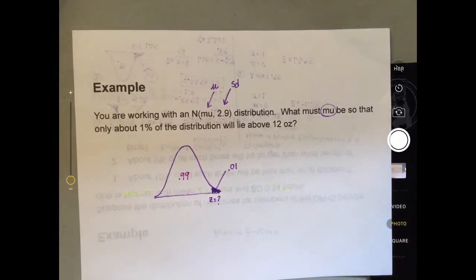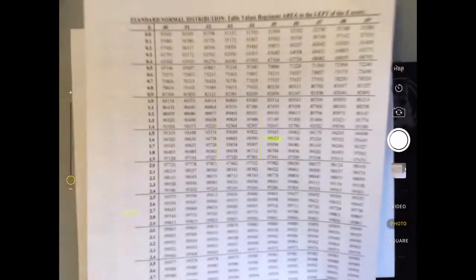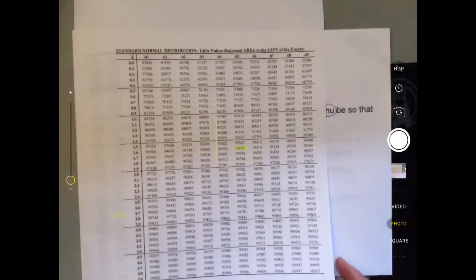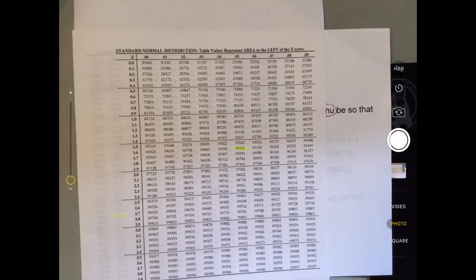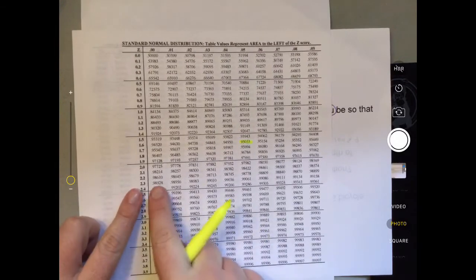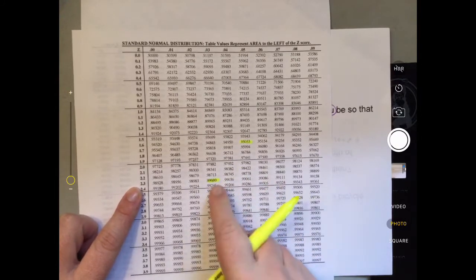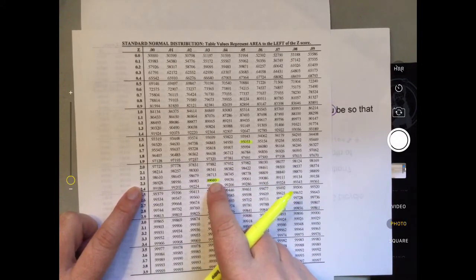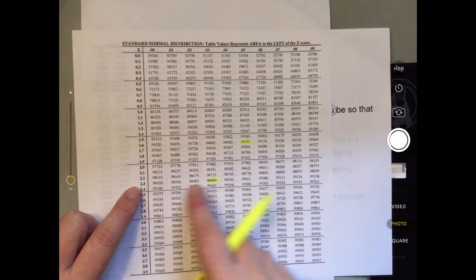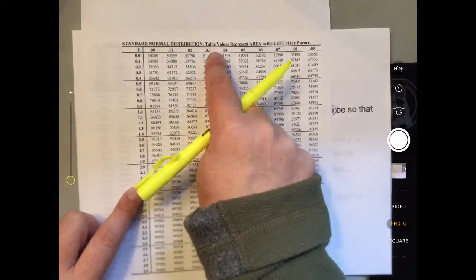Okay, if we look at our chart, let's do our chart first. And we look in the middle of our chart for something that is very close to 0.99. Just looking everywhere. Okay, looks like here is very close, 0.99. So let's see what z-score that corresponds to. That corresponds to 2.33.